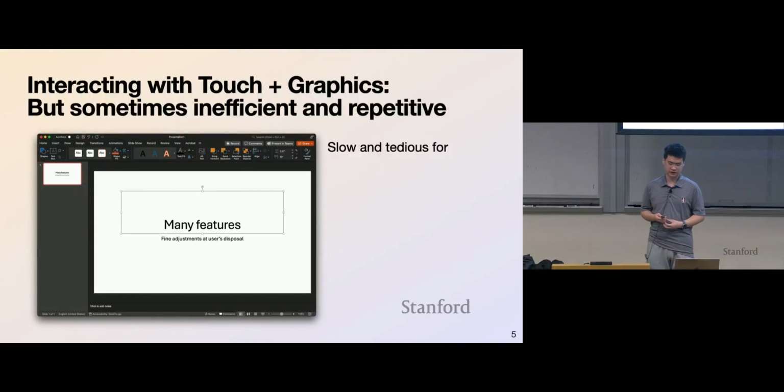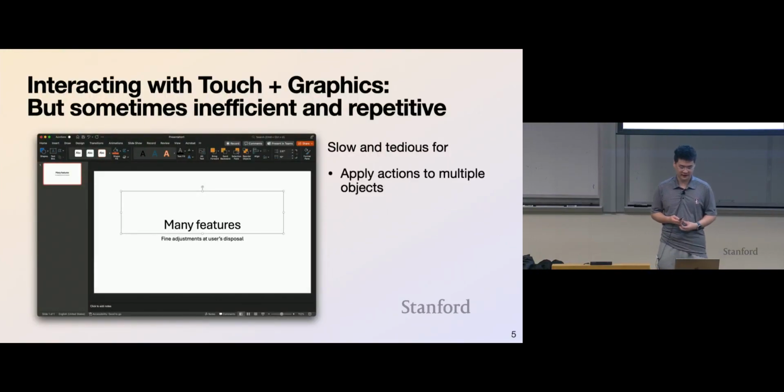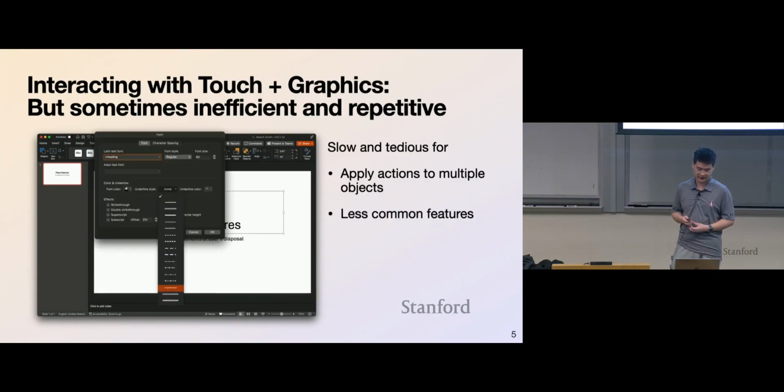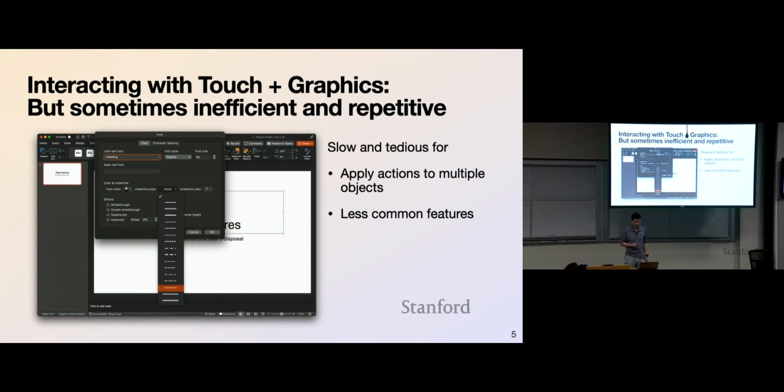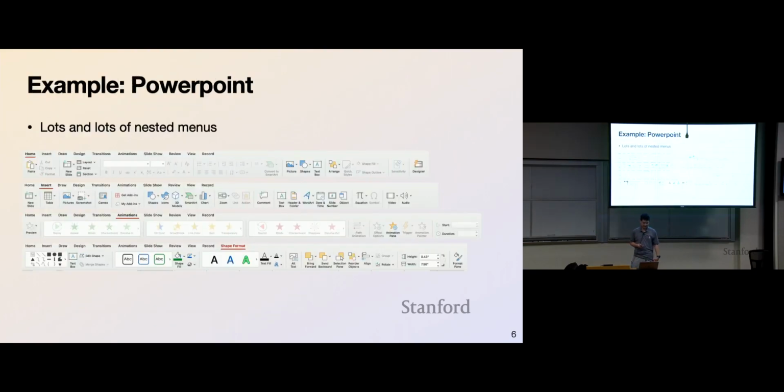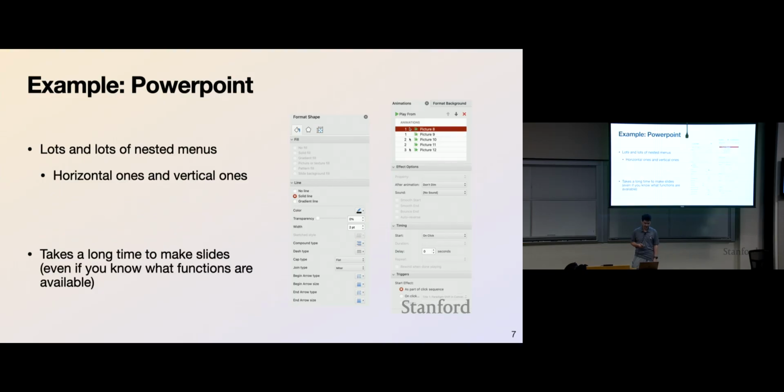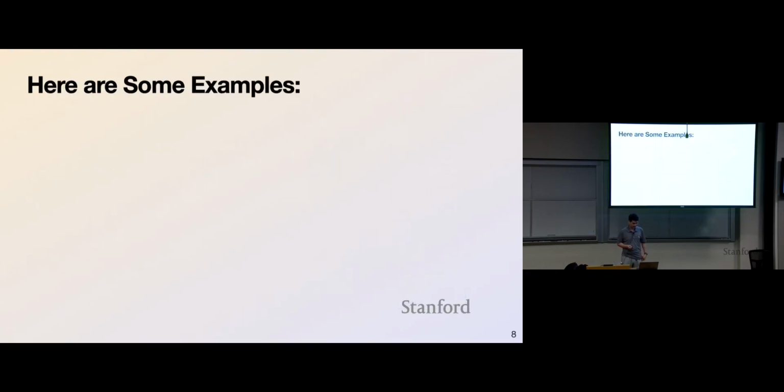However, currently it's kind of slow for applying actions to multiple objects. And for less common features, such as all of the stuff in those text boxes, you have to go through multiple clicks. There are a lot of nested menus, and it takes a long time to master all of them to actually make it work.